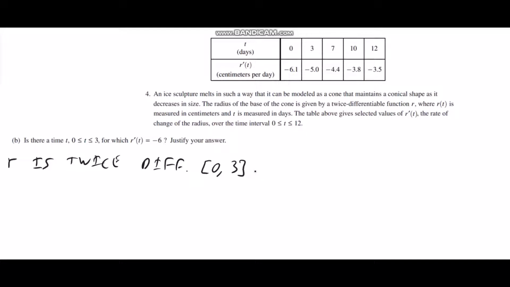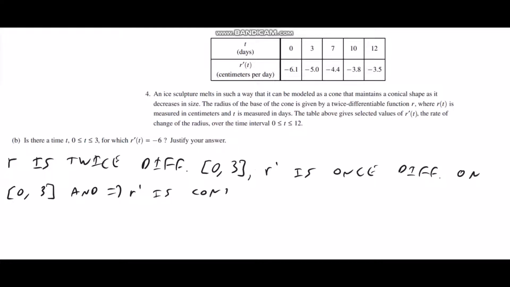That tells me that r prime is once differentiable on this interval, 0 to 3, and therefore r prime is continuous on [0, 3], because differentiability implies continuity.